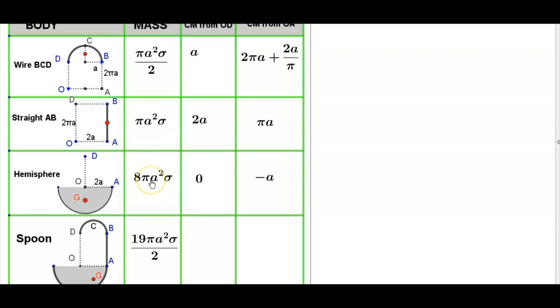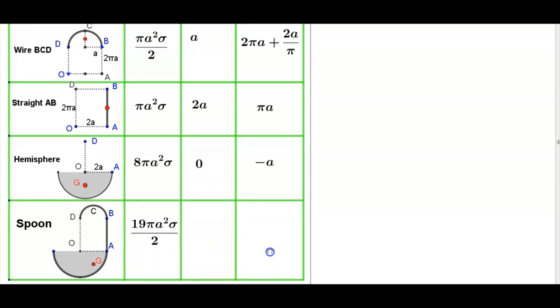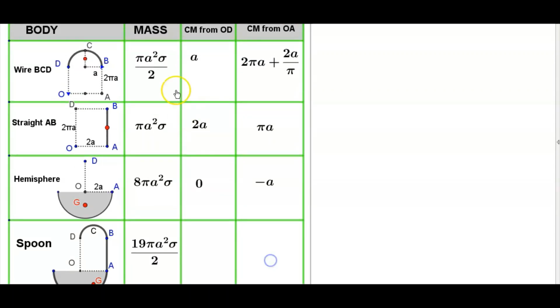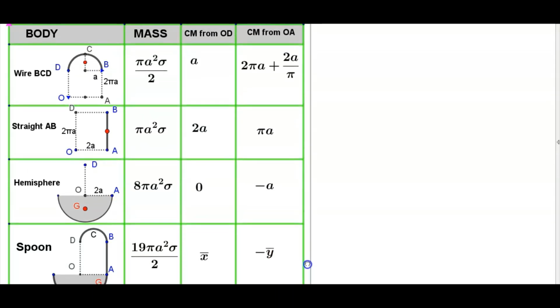This one 9 pi A squared sigma plus this one, therefore 19 pi A squared sigma by 2. And center of mass from OD and OA: X bar, and minus Y bar below this level, below this OA.